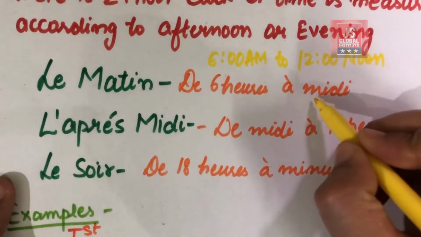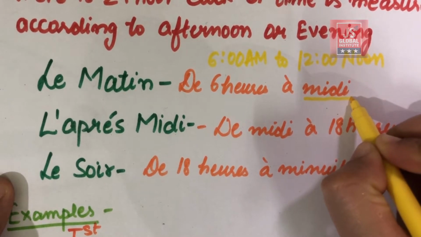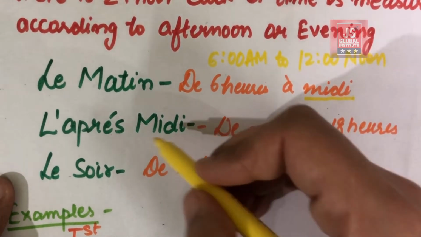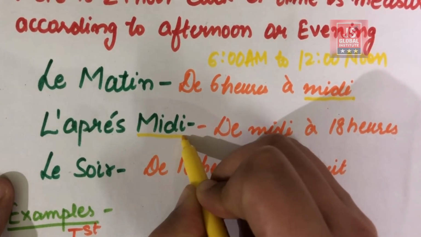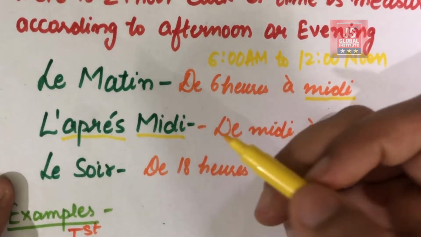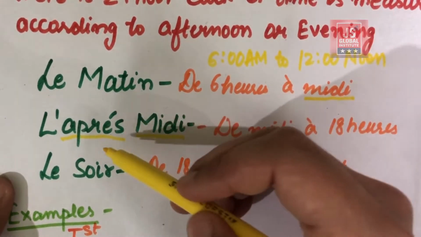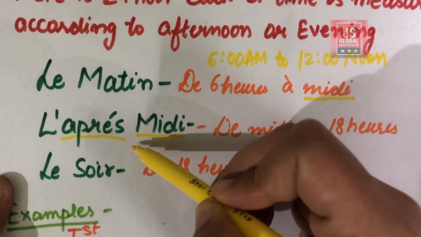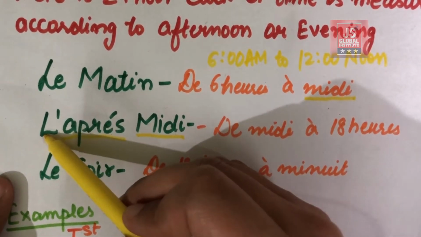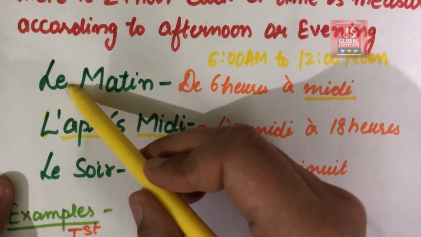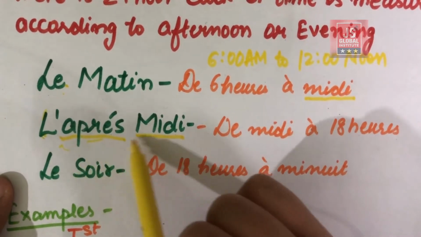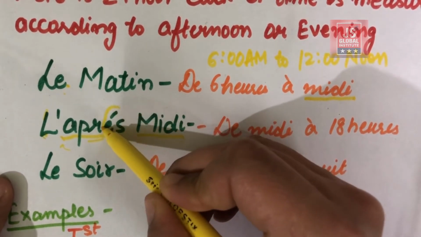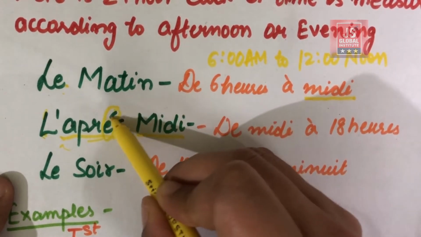Alright, moving on, l'après-midi. L'après-midi. As this word midi represents noon, and après always means after. So after is called in French as après. This L is in the form of the, so it becomes l'après-midi. One thing more I want to mention here is this E has a sign like this.